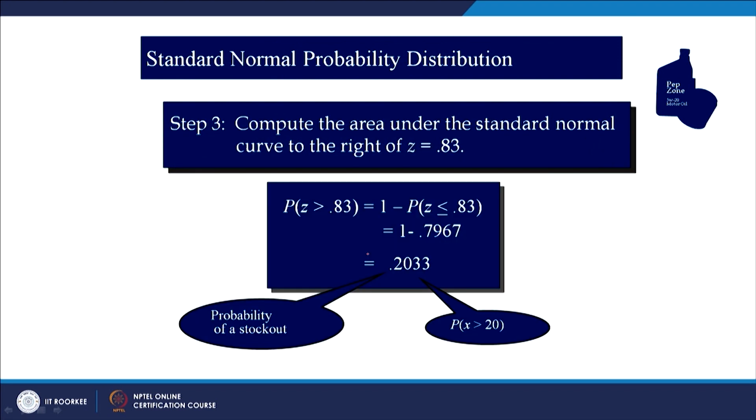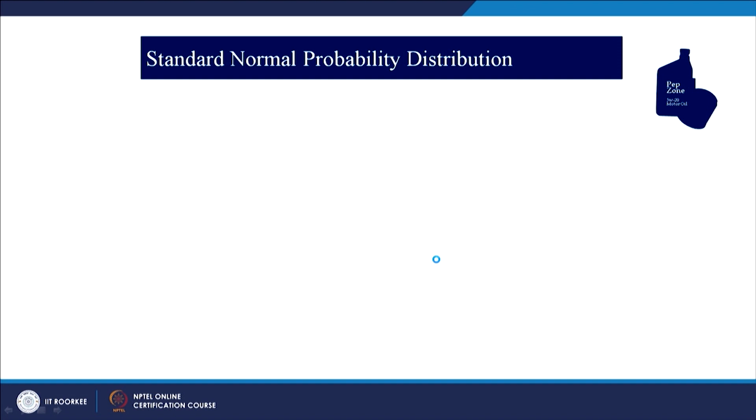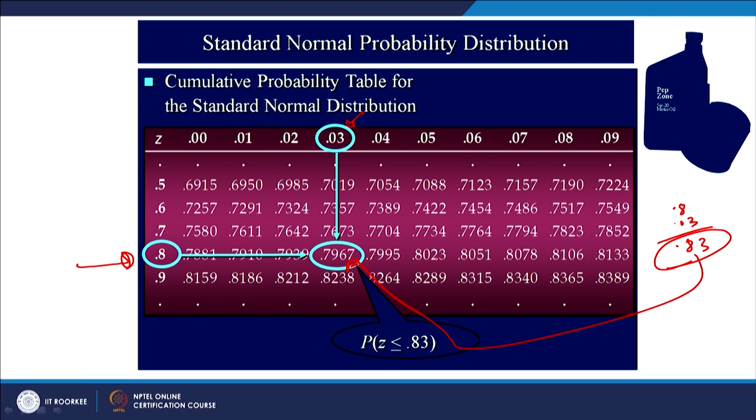So, the area under the standard normal curve to the right of z equal to 0.83 is 1 minus 0.7967. This is the table value when z is equal to 0.83.